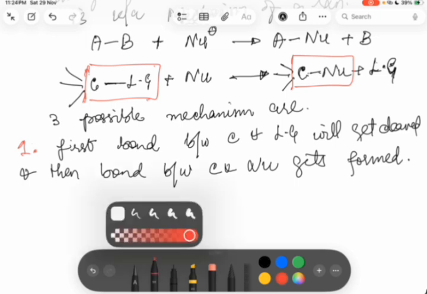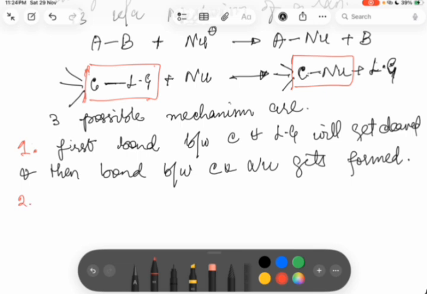The second possibility is that the bond between carbon and nucleophile forms first. It can also happen. Yeah, it is also theoretically possible.